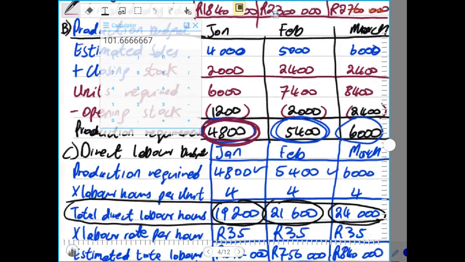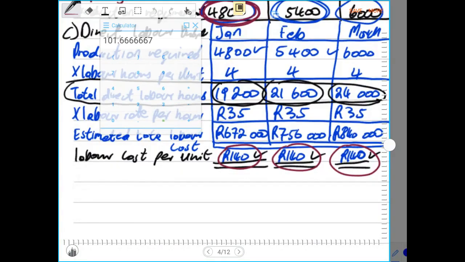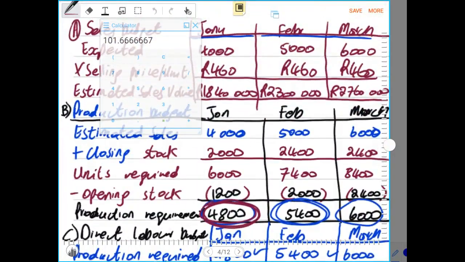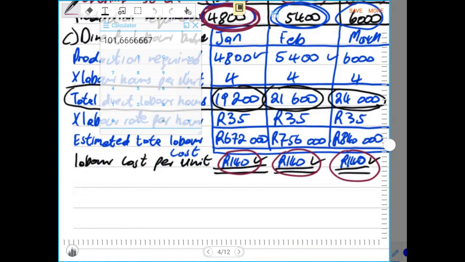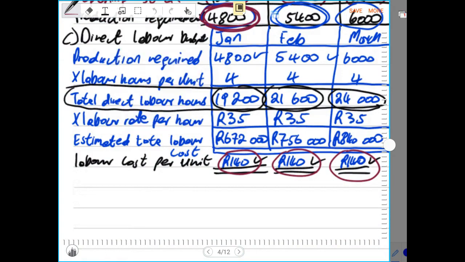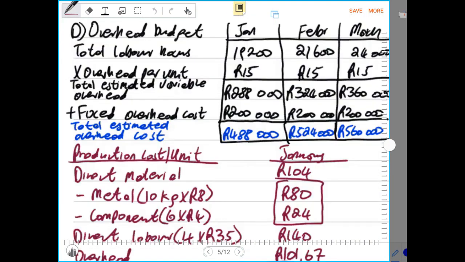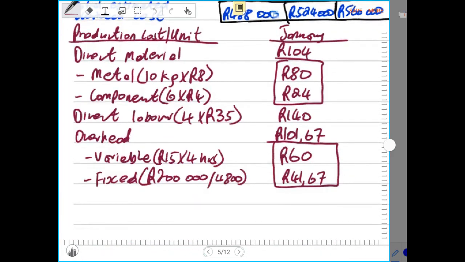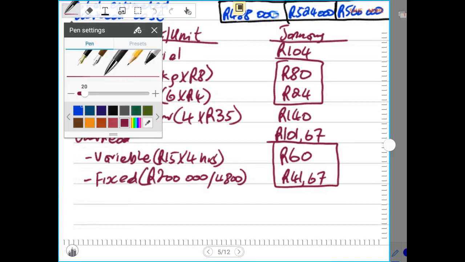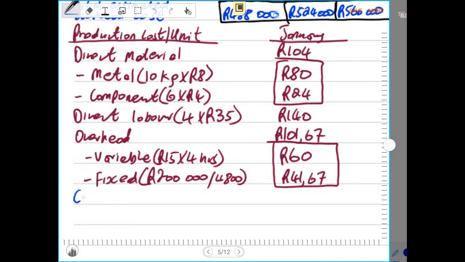Though this was calculated, it was not very accurate because of the decimals. It was a very close amount, but not that accurate. Now our cost per unit will be here at the bottom.